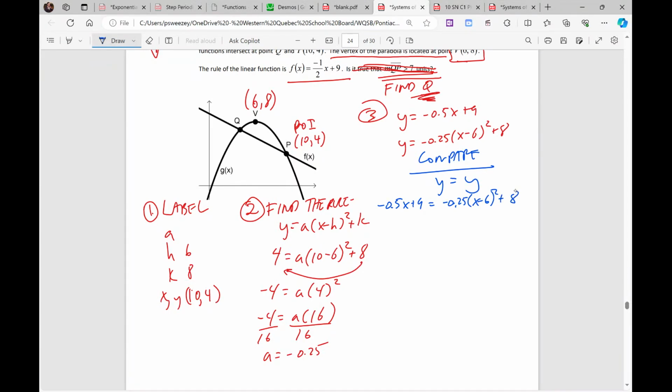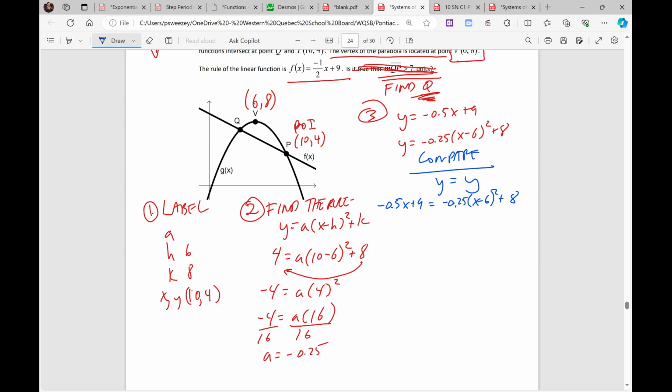I've said it before, but I'll explain it again. What is the purpose behind all of this? Or why is it that I can do this? It's because for points of intersection, we have two functions that we know share points that exist within their functions. Like when y is 4 for the quadratic, that x will be 10 for the linear and the quadratic.